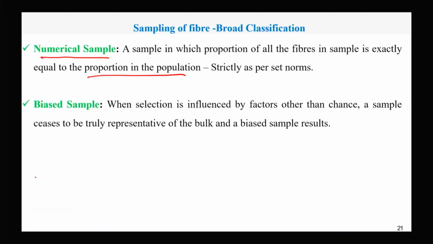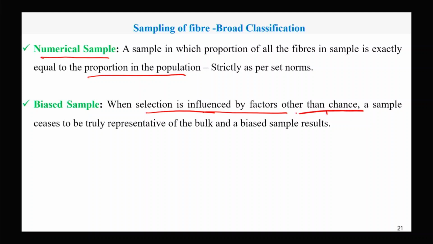Biased sampling means when we are taking the sample from the population, the selection is influenced by some factors other than chance.